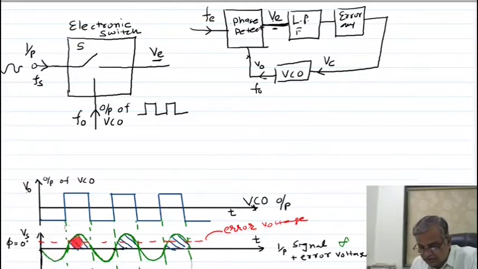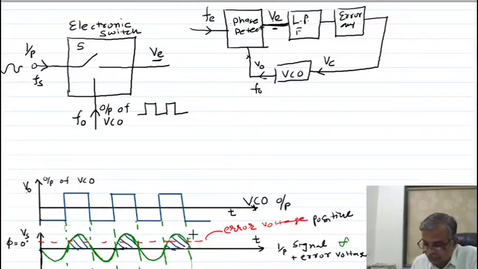So during the positive half, only this much half of the AC input signal is passed through the switch, and its average value is shown by the dotted line. This average value, or error voltage VE, is positive.